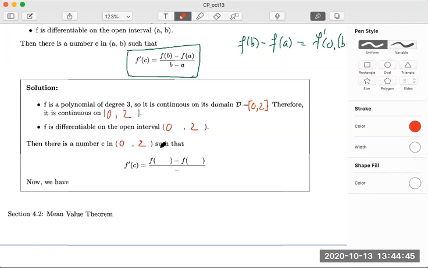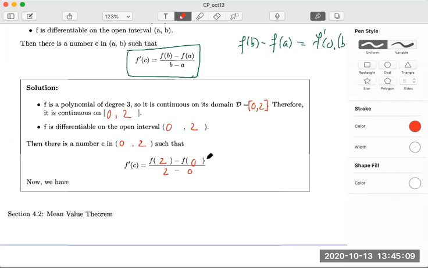So what are the things we need to fill in here? F of 2 minus f of 0 divided by? We just apply the theorem, right? Nothing new.